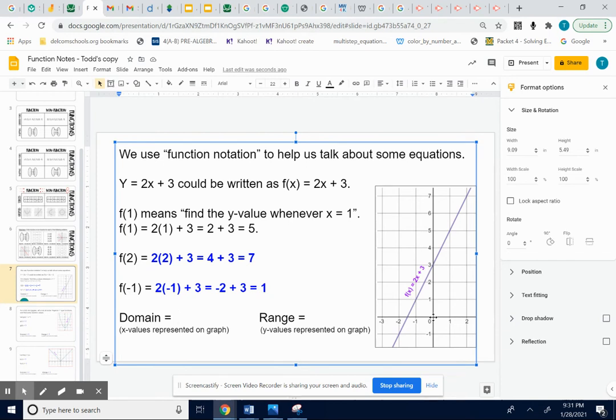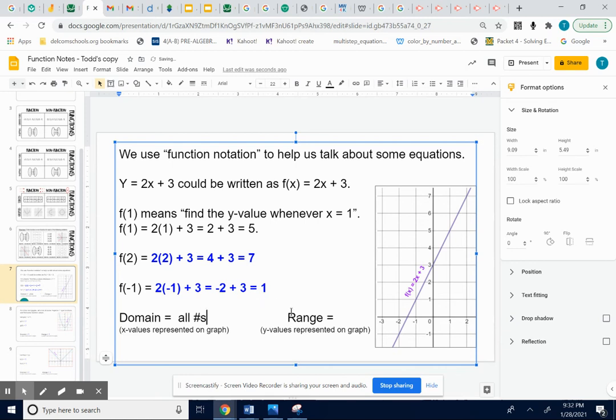X equals 0 has a point on this graph. And think about this. A line goes on forever. So it doesn't matter as you go to the left or to the right, every single x value will have a point represented on that graph. So the domain is all numbers.